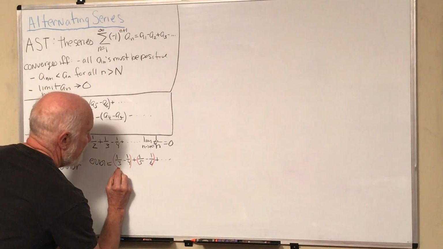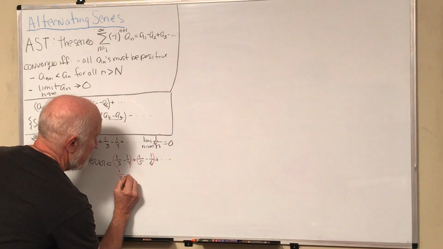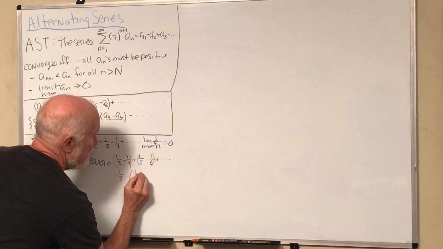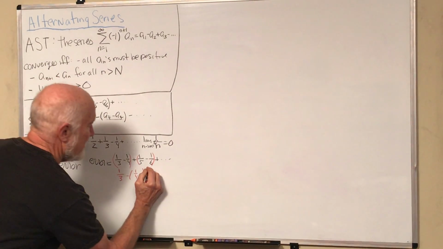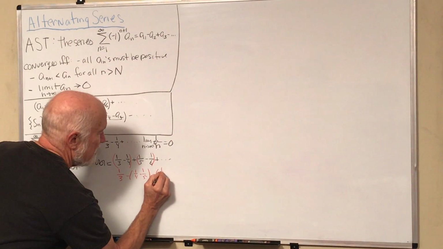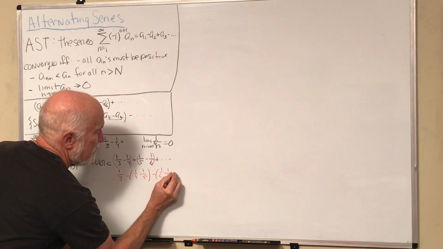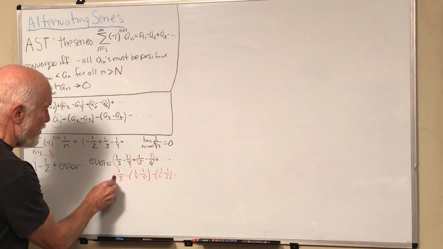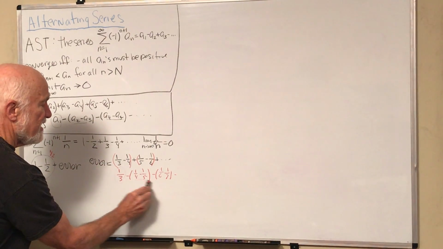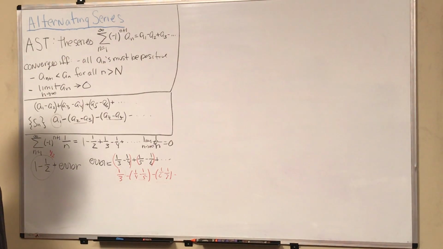And if I pair this up differently, very similar to how I did in this proof up here, what I see is my error is 1/3 minus all these positive things.